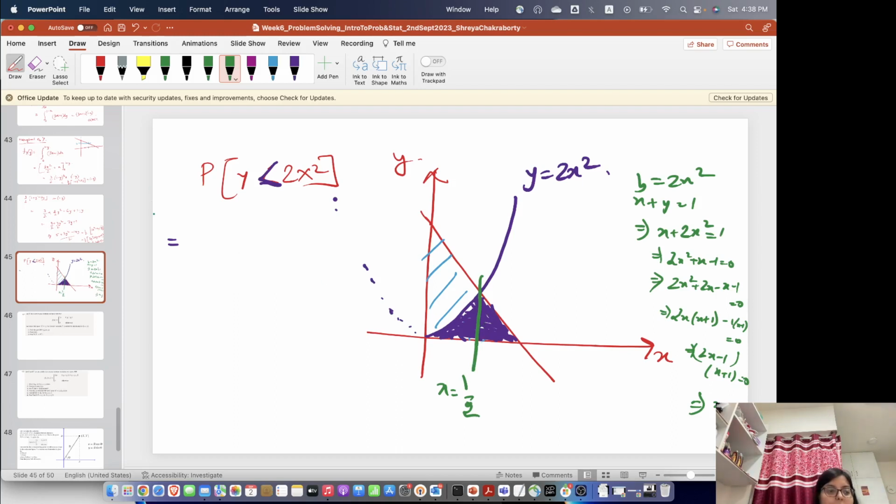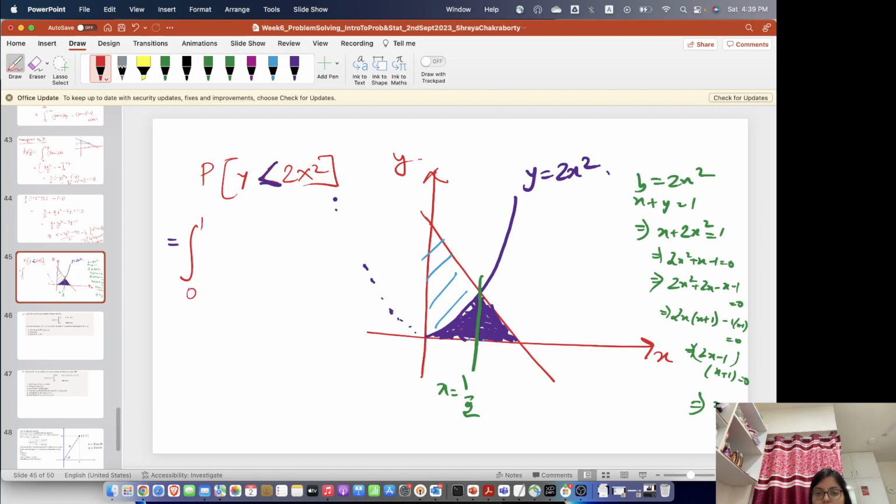So then we can write this as minus infinity to infinity, minus infinity to... y can go from... so here we'll write it this way, x can range from 0 to 1.